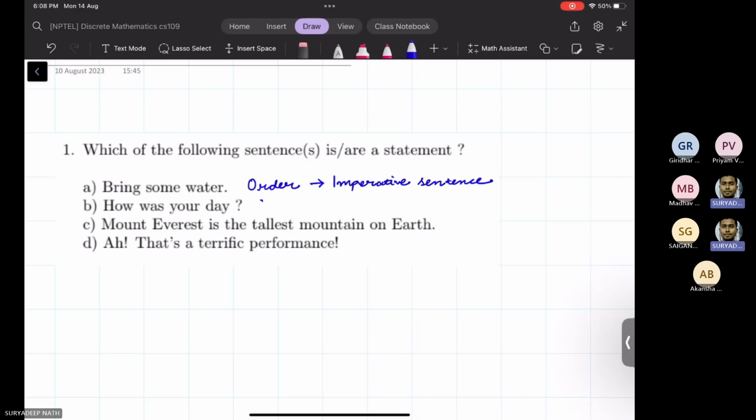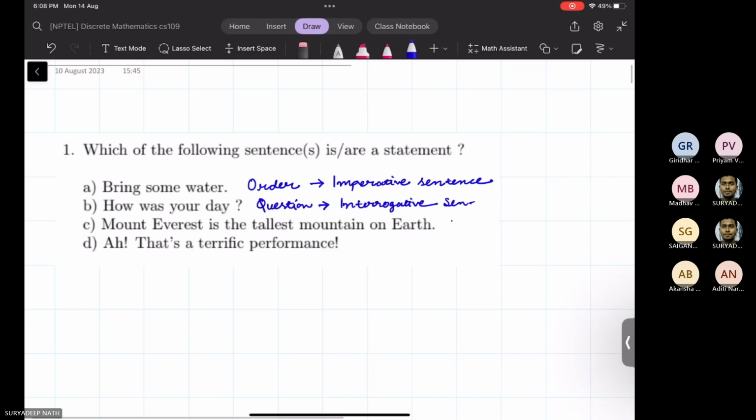This is a question, an interrogative sentence. Third one, Mount Everest is the tallest mountain on earth. This is an assertive sentence. It is a fact.